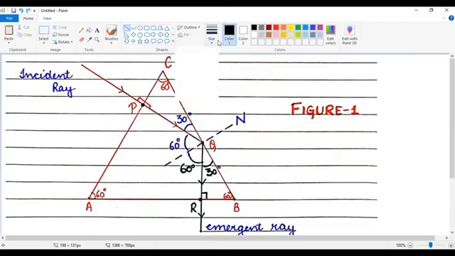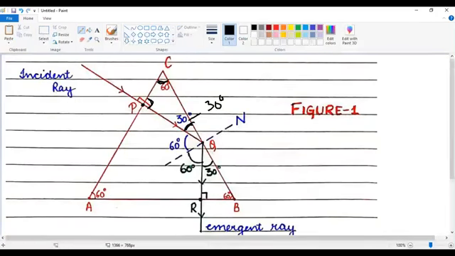If we complete the angles, angle P is 90 degrees, angle C internally is 60 degrees, and then this angle, as shown in the diagram, is 30 degrees.